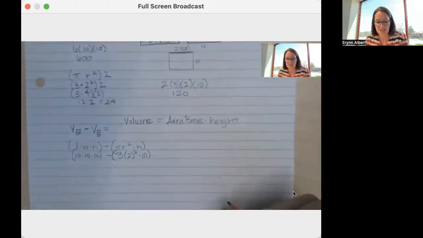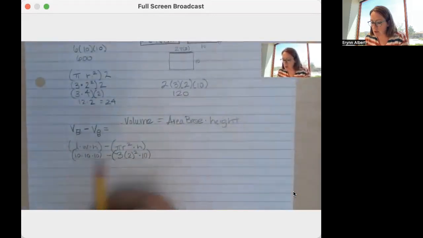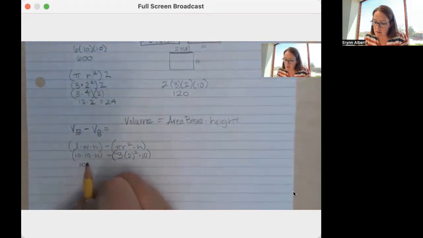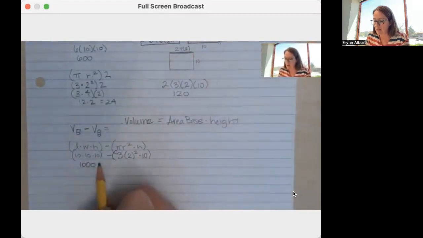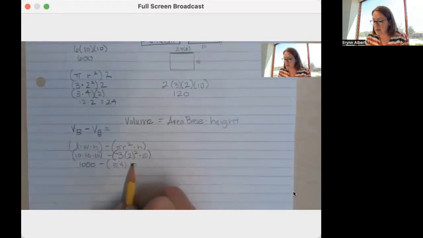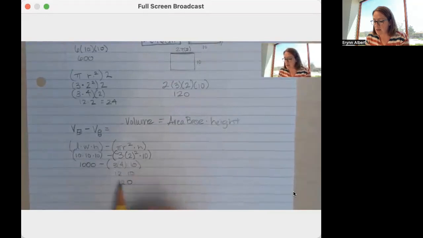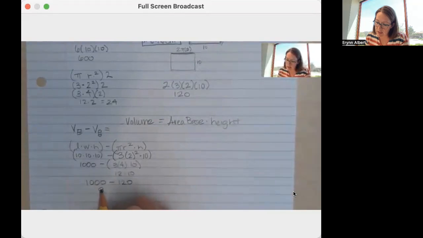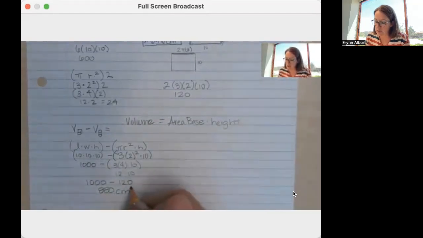Easy enough, let's compute this out. 10 times 10 times 10 is 1,000. Minus, we'll get this value. Remember, order of operations is important, so we do the squared first. So we get 3 times 4 times 10. 3 times 4 is 12, times 10 is 120. So 1,000 minus 120 is 880 centimeters. We're talking about volume, so it's going to be cubed.